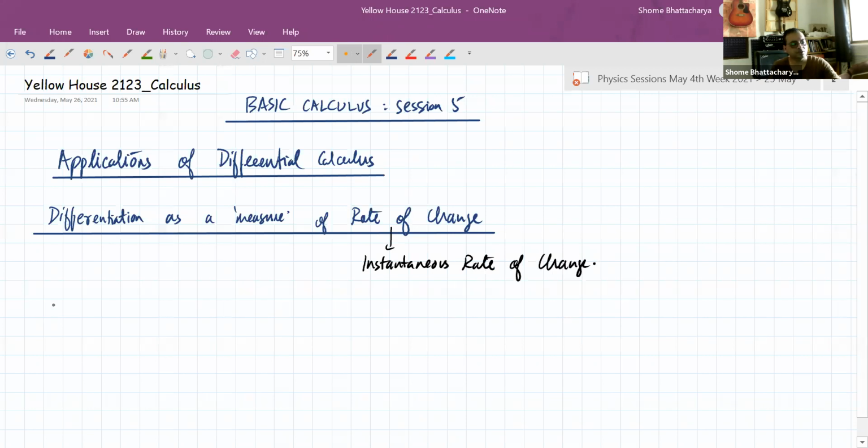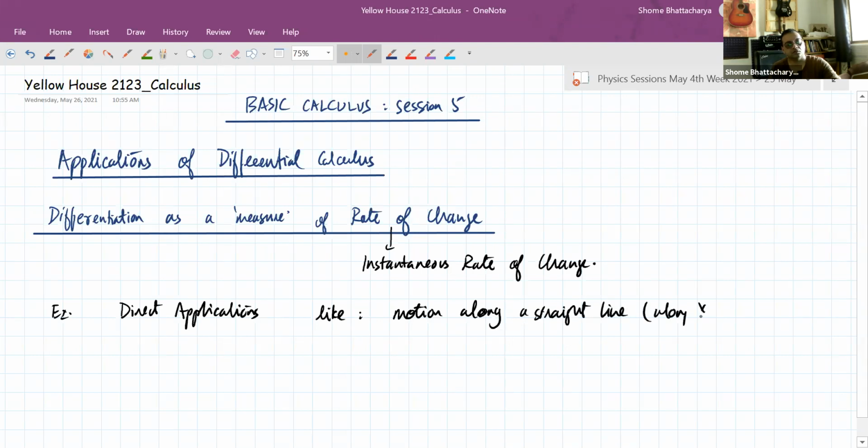Okay, so there are, for example, direct applications. Like in kinematics, for motion along a straight line, let's say along the x-axis, if position x is known as a function of time, then velocity is defined as the instantaneous rate of change of position with respect to time.